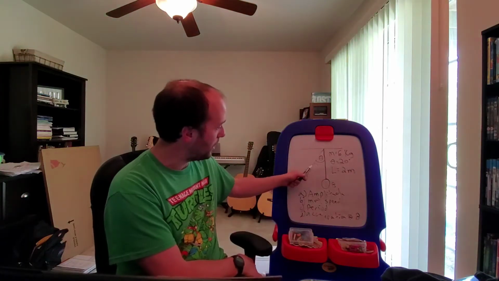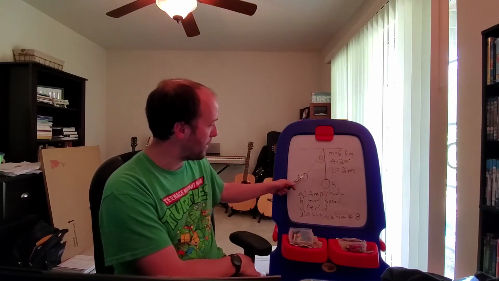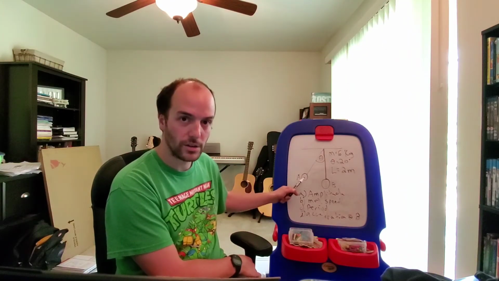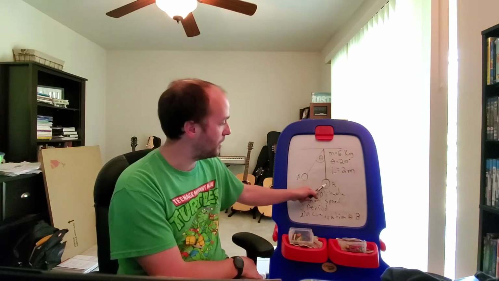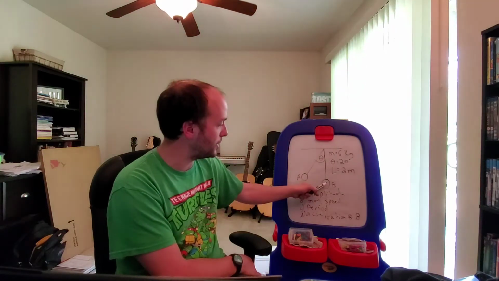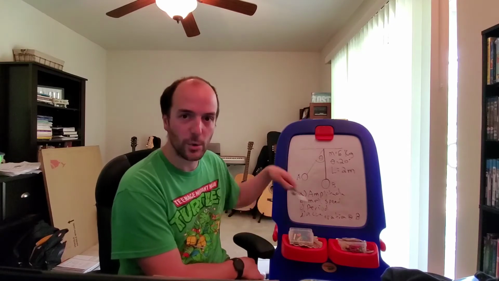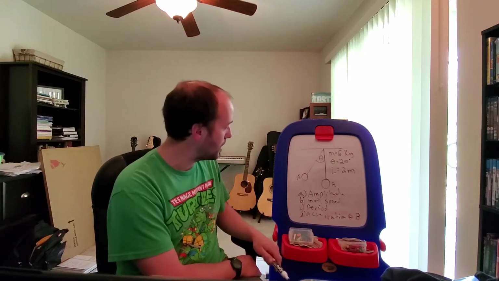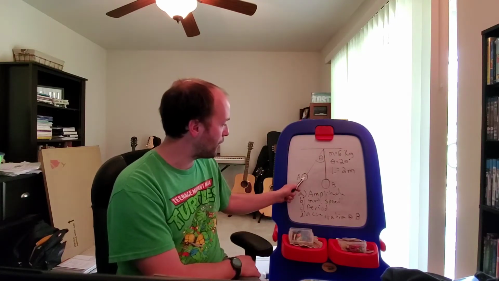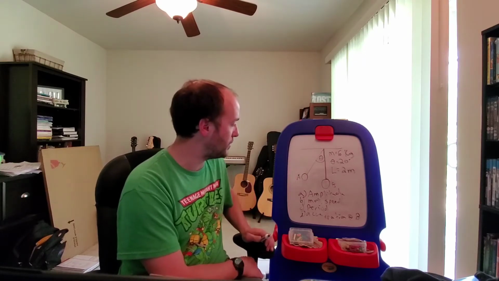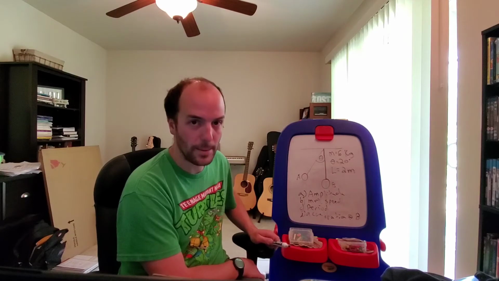Up here at point A, it's at a maximum gravitational potential energy. Down here, it's at a maximum kinetic energy. Since there's no energy being added into the system or taken away from the system due to friction or something, we can say that the gravitational potential energy here at point A is equal to the kinetic energy down here at point B.